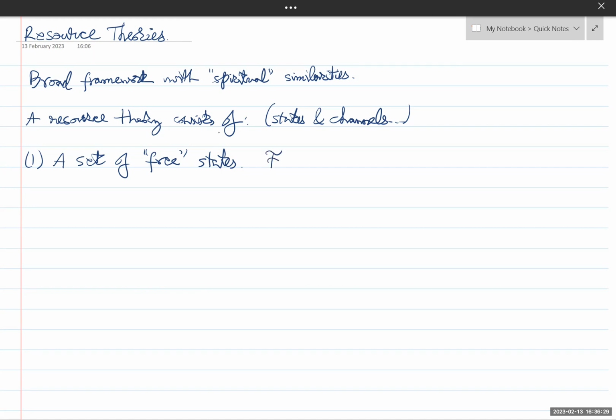Okay, so we have a set of free states. Can call it this cursive F. So it consists of some density operators sigma that belong to the space of bounded operators on some Hilbert space. In fact, you can have resource theories where these objects can act on different Hilbert spaces.